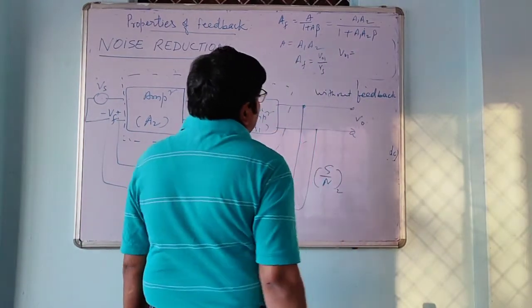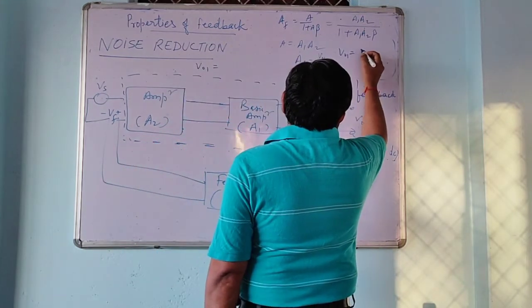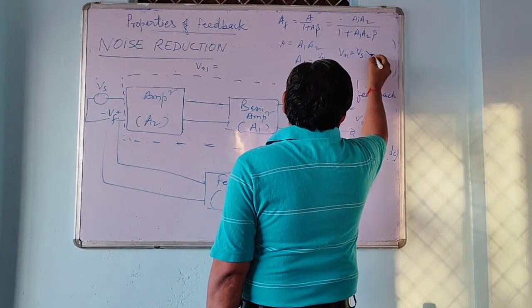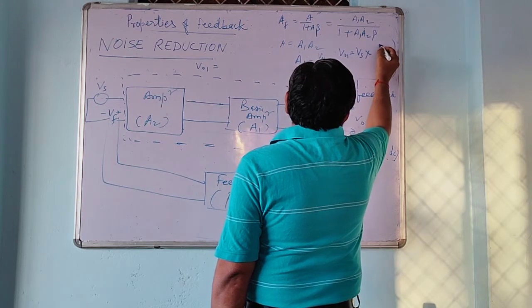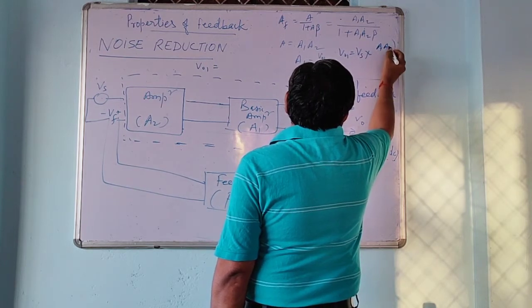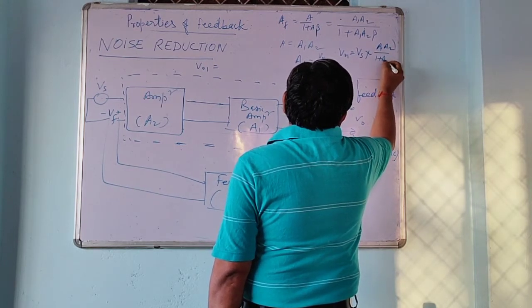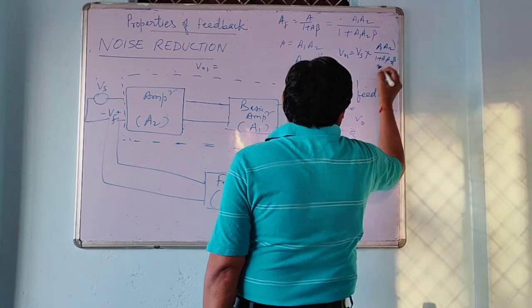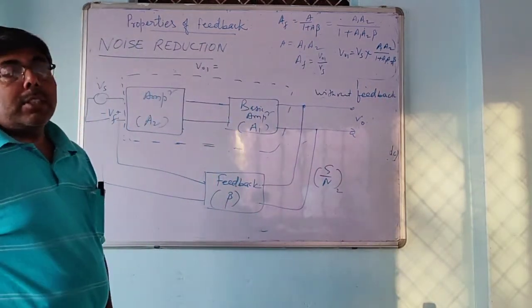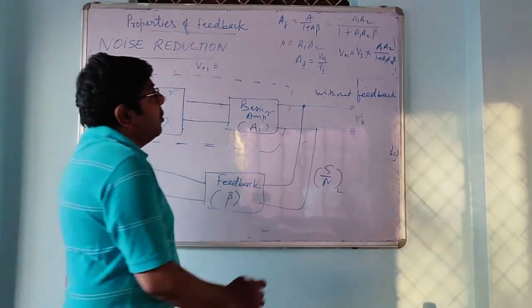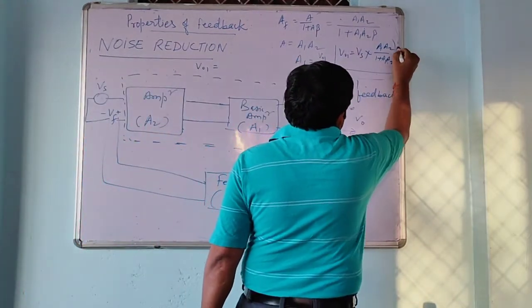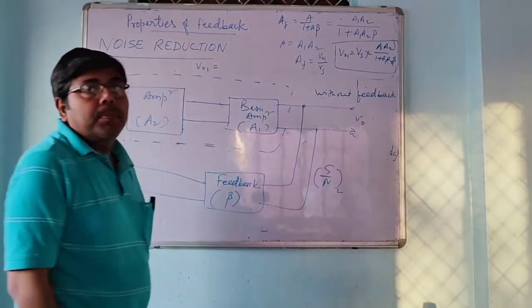What is V01? This is given by Vs into this part, A1 A2 upon 1 plus A1 A2 into beta. This is the output. Output due to signal. This is the signal part.